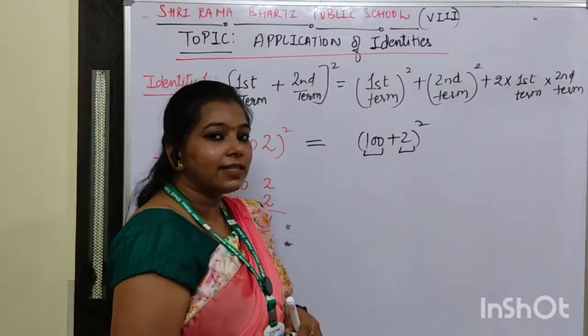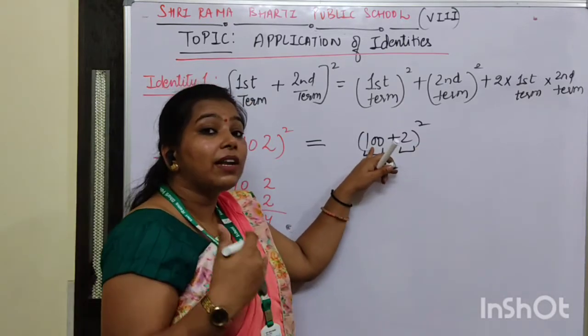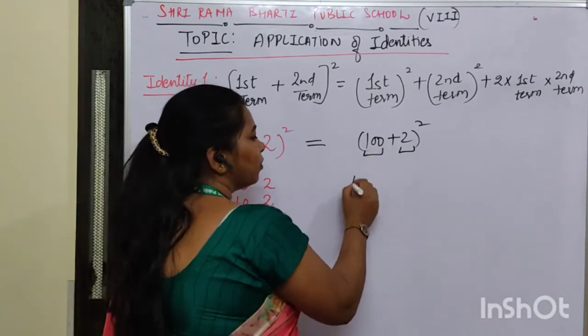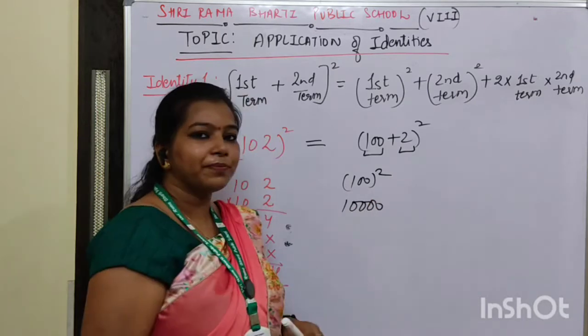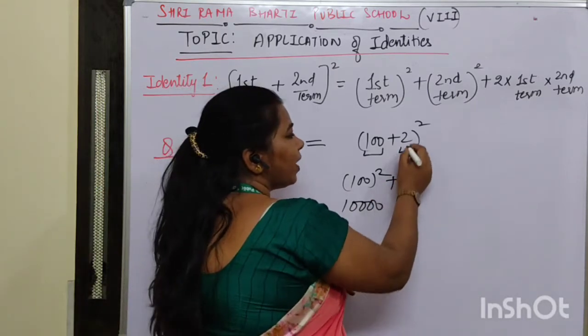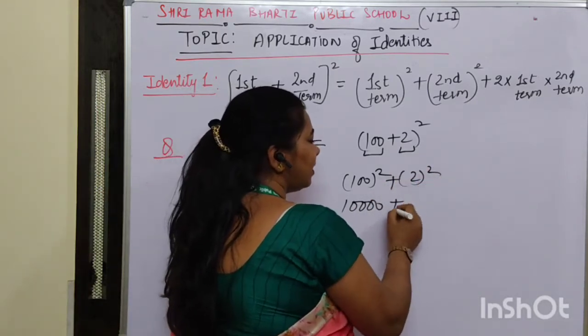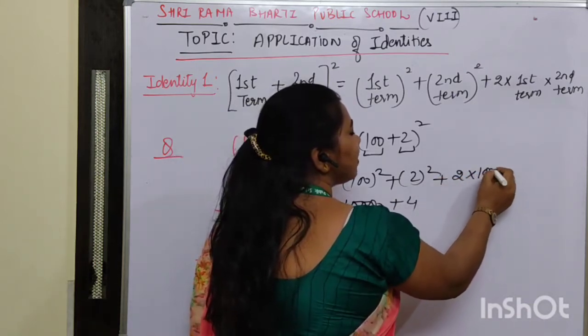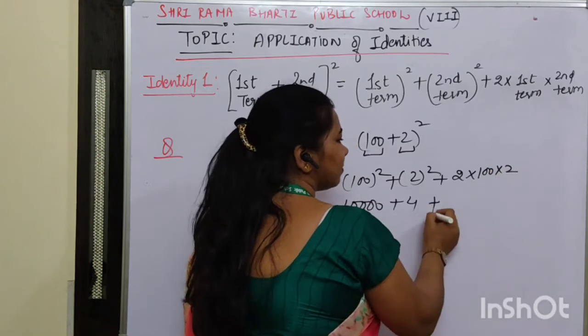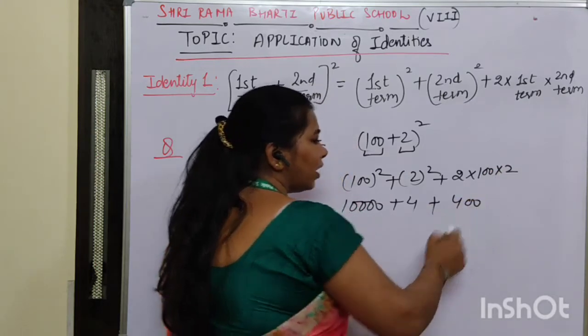As per the identity, the square of the first term, the square of 100, would be 10,000. The square of the second term would be 4, and 2 times the first term multiplied by the second term would be 400.